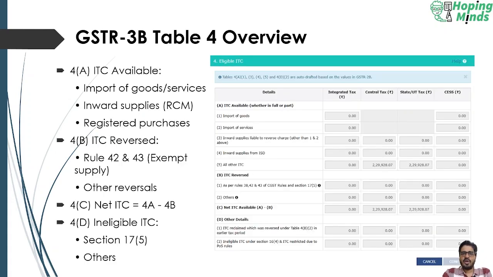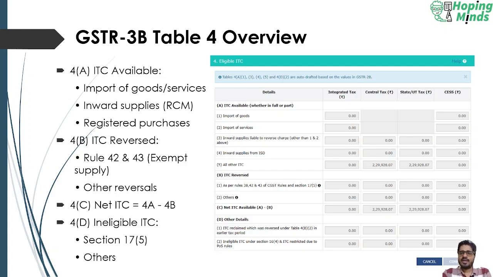Let us take an overview of GSTR 3B table, that is ITC available. So this table is divided into 4 parts. First one is ITC available, then ITC reversed, then net ITC, that is the difference between ITC available and ITC reversed, and finally the ineligible ITC. So table 4A contains input tax credits available.